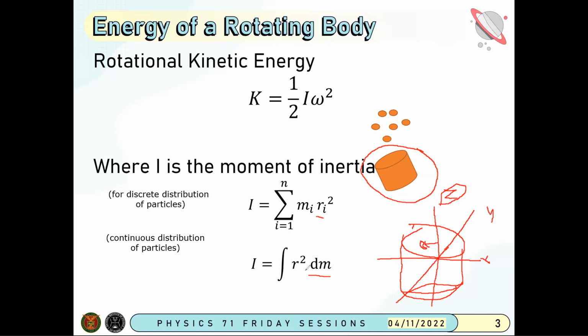The R here is always the distance from the axis, where it rotates. That is always the definition of R. So if we rotate about the z-axis, then this is the distance R of that infinitesimal mass dm. And then you integrate.